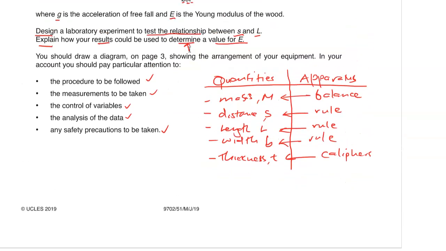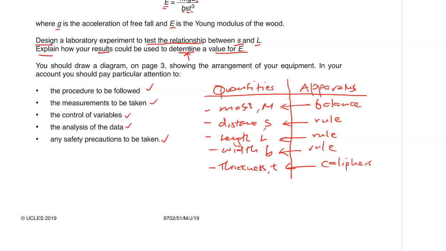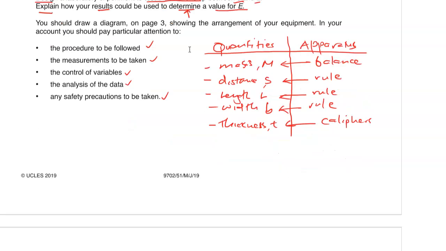All right, so you have those quantities and apparatus in mind. So the next thing is to define the problem, and in the process of defining the problem, you're supposed to draw a diagram here.